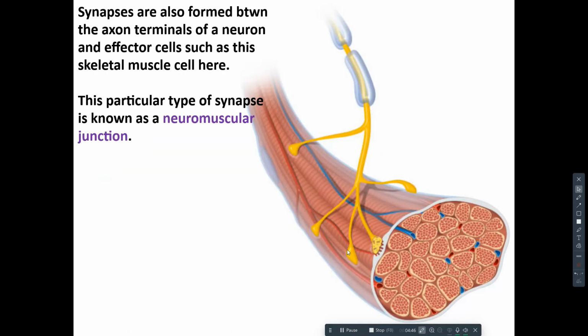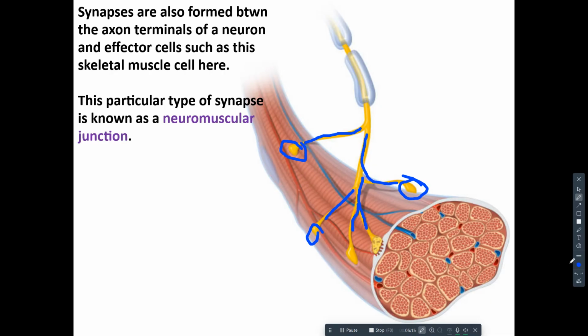Now, as we said earlier, synapses are not just between two neurons. Right here we see an axon of a neuron coming down. Here's a telodendron, some more telodendria coming out. Each telodendron is ending in an axon terminal, and the axon terminal is coming right up next to our muscle cell here.